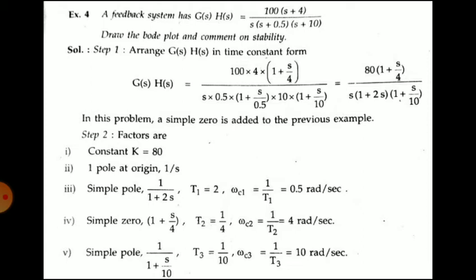The same you can do for the denominator. It will be s, then from the first bracket in the denominator, s + 0.5, take 0.5 common, so in the bracket that will be 1 + s/0.5, and from the second bracket take 10 common, so it will be 10 into (1 + s/10).